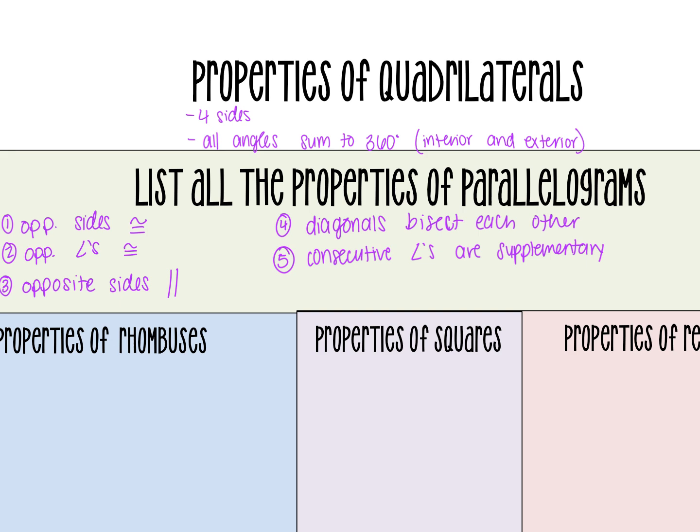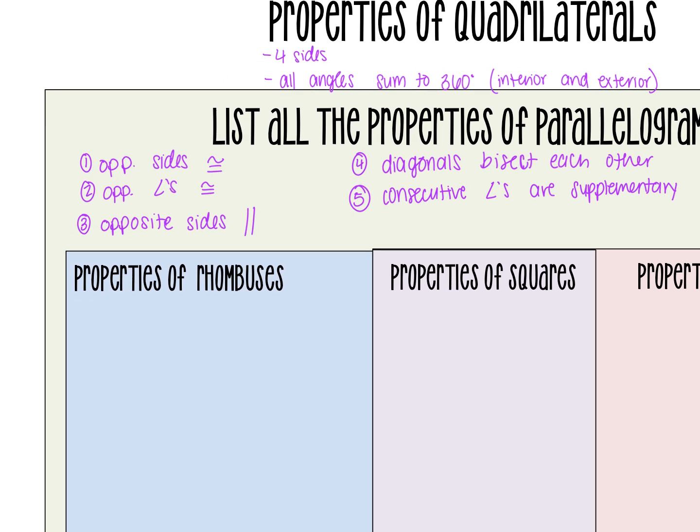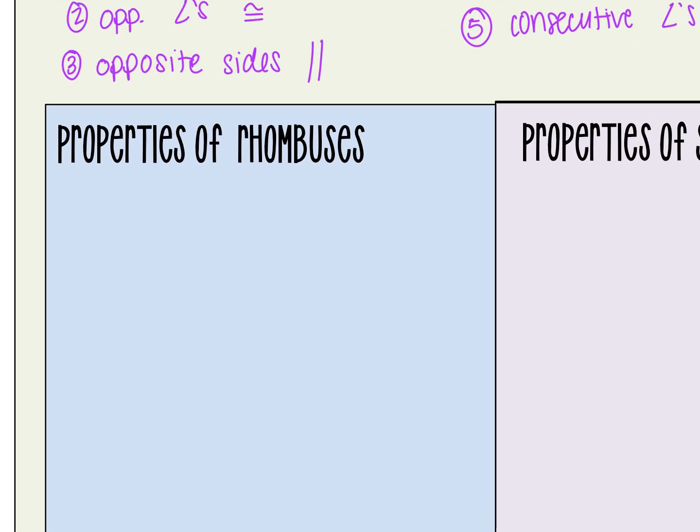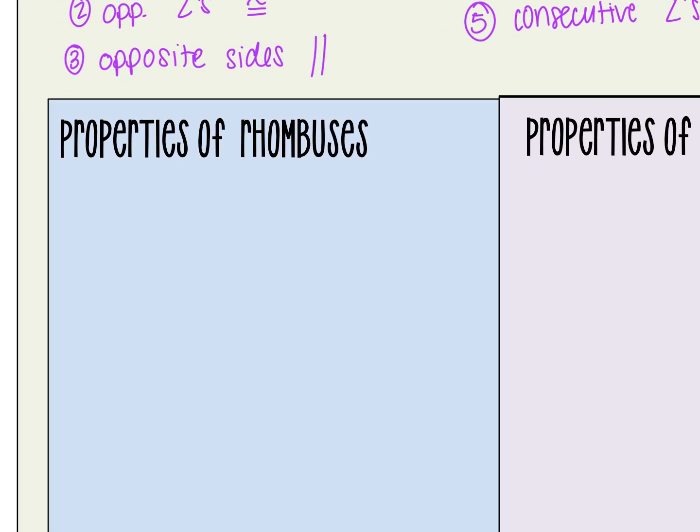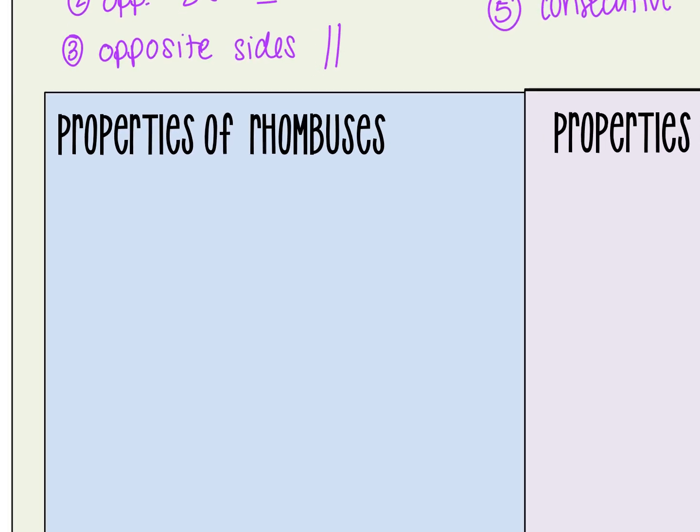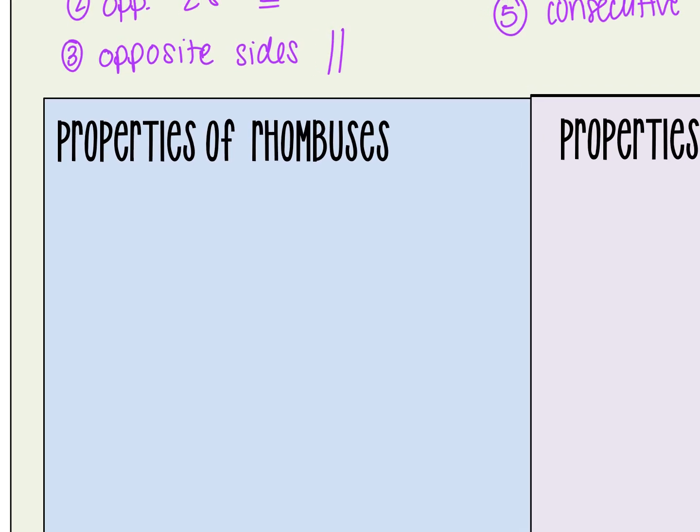All right, I'm going to go ahead and look at rhombuses. So go ahead and zoom into properties of a rhombus. Properties for a rhombus, I have 4 sides, okay, 4 congruent sides. You have 4 congruent sides.